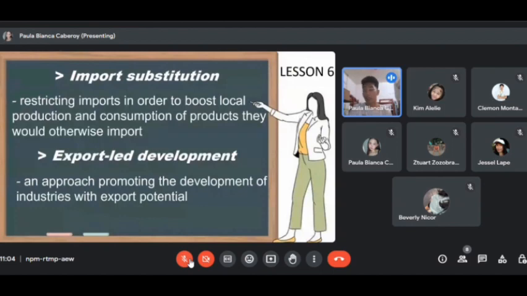This approach often involves developing strong manufacturing sectors, promoting exports, and attracting foreign investment. By leveraging global demand, these countries have achieved significant economic progress.